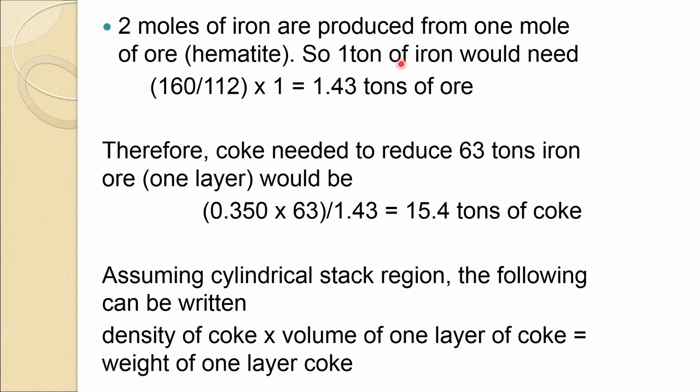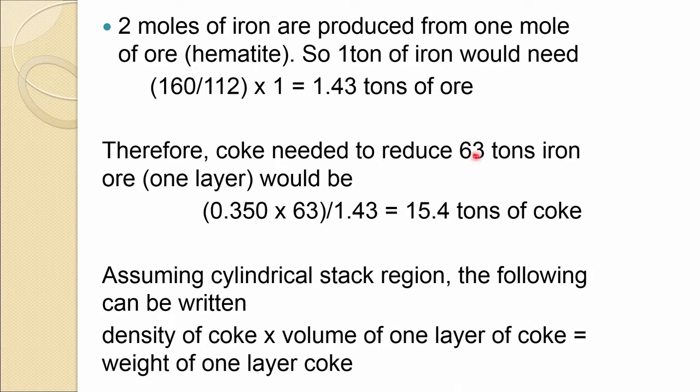In terms of tonnage, 1 ton of iron would need, by normal stoichiometry, which you can calculate, 1.43 tons of ore. So, 160 is the weight of the hematite and 112 is for 2 moles of iron, and you are going for 1 ton, so you need 1.43 tons of ore.